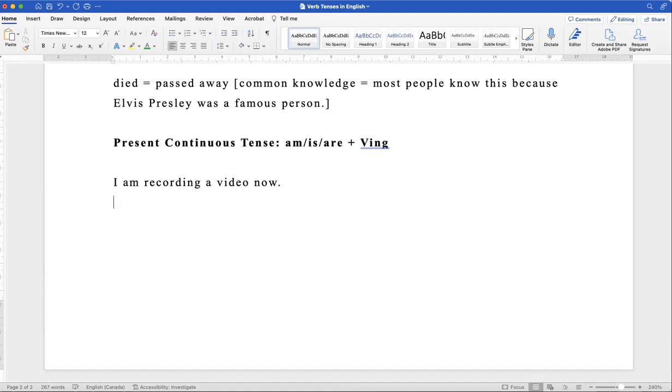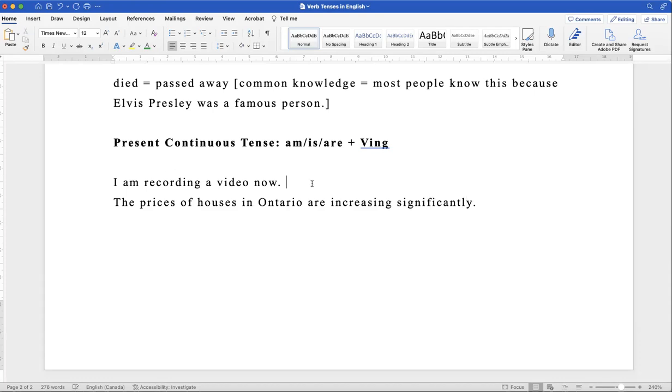Or, the prices of houses in Ontario are changing, are increasing significantly.